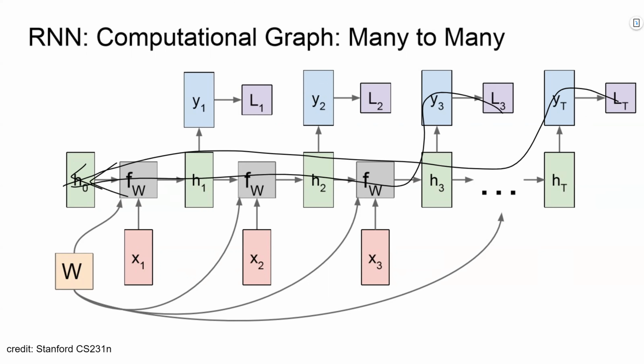So this component, h2, receives gradient from L2, L3, LT.